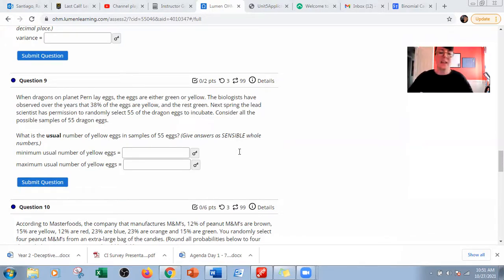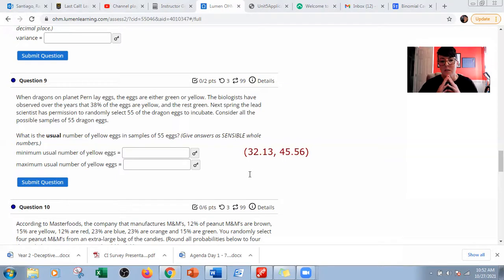Because I was gonna say, let me throw some ideas out there. What if you ended up with usual values of 32.13 and then all the way up to 45.56? And they wanted you to find the usual number of yellow eggs. So what's the smallest number of usual values?